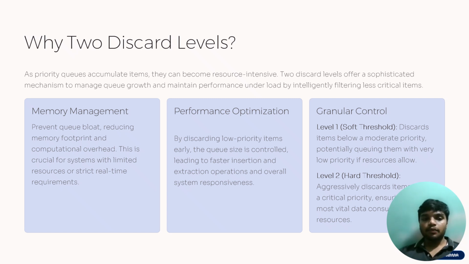The soft discard drops messages when the queue is 70% full, and the hard discard drops messages when the queue is 90% full, and also focuses on mid priority messages. In soft discard, it only targets low priority messages.